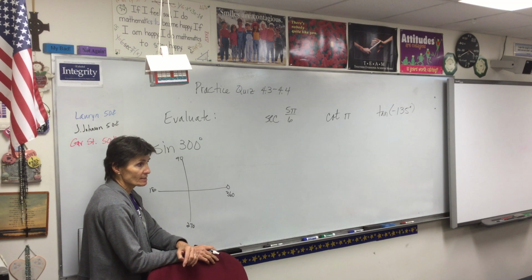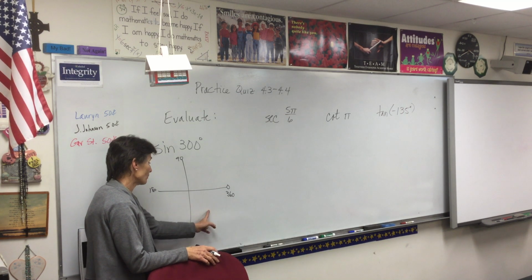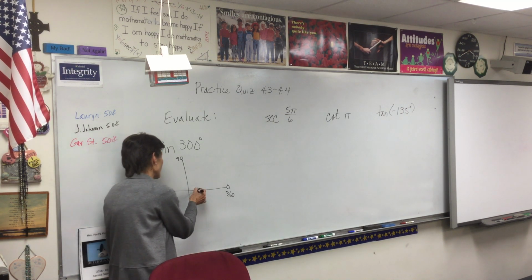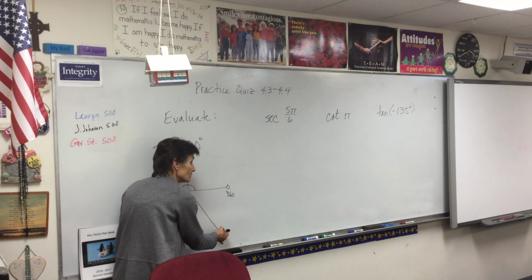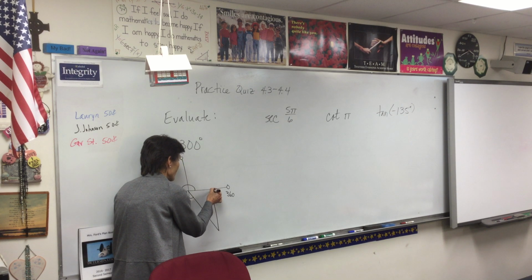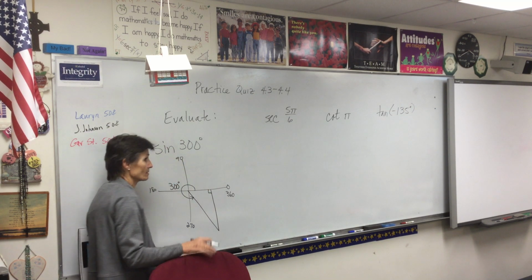Are you remembering this? So then I'll figure out where 300 goes. Won't 300 go down here? So I'm going to go around and draw my angle and then make my butterfly bow tie. So this is 300 degrees.